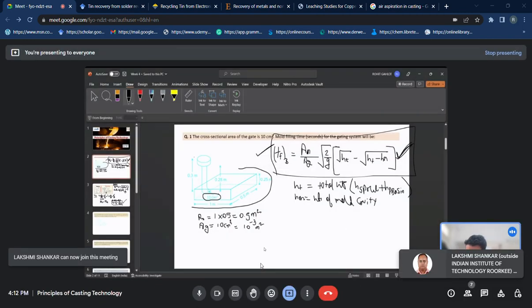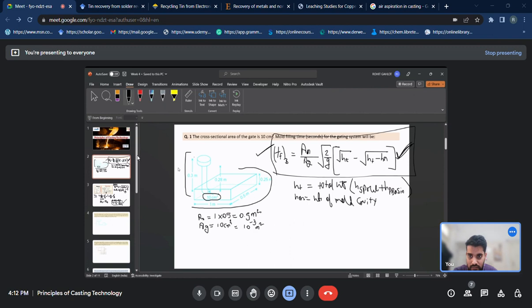After that, HT, which is the total height, you can see from here is this one, which is 0.3 meter, and HM is this 0.25, the height of the mold cavity.